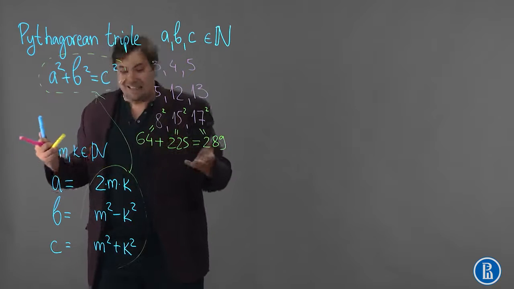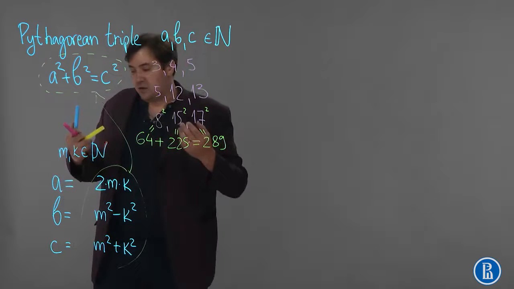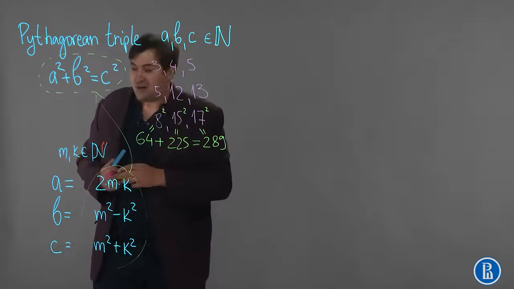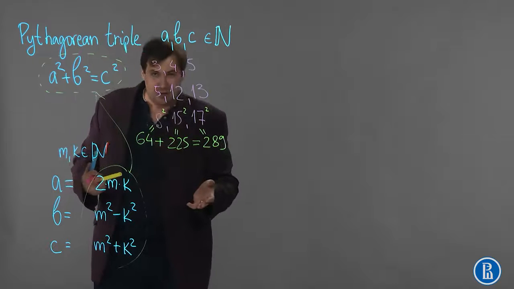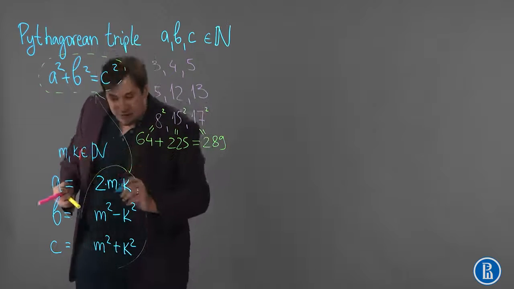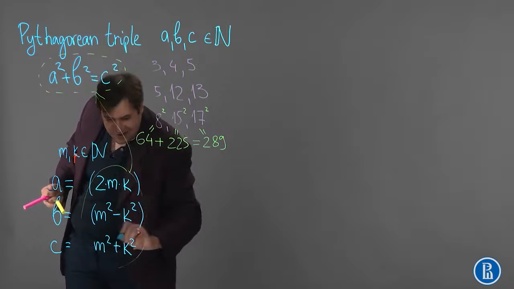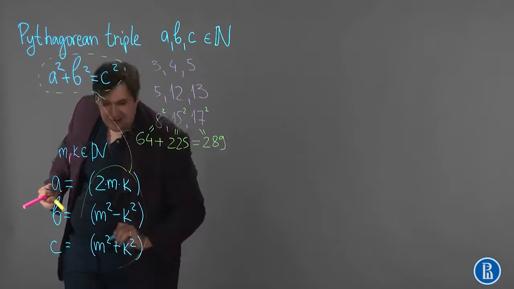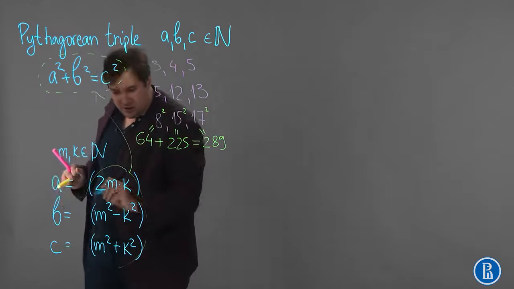But again, once again, I ask you, can we be sure that there are no other Pythagorean triples? Well, of course we cannot be sure, because actually it's not true. There are other Pythagorean triples, and we need to improve our formula by adding a multiplier here.